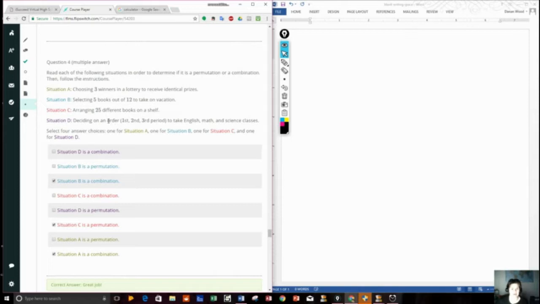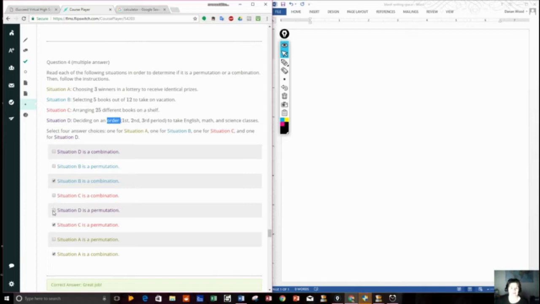It says in order. There's a key word from our permutation lesson. Order: first, second, third for English, math, and science. So it does make a difference which one you pick first. So situation D is a permutation.